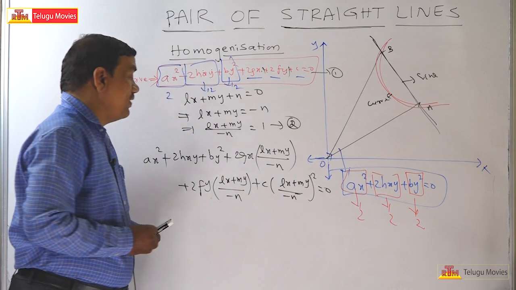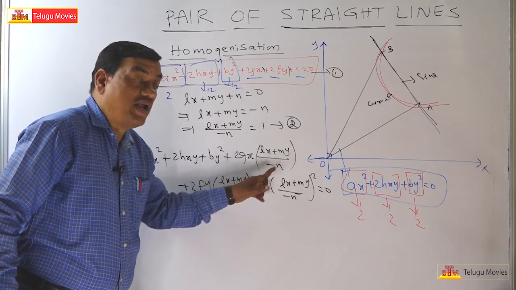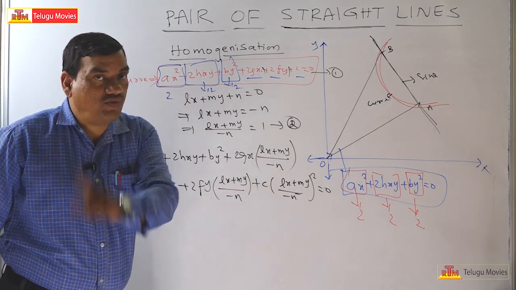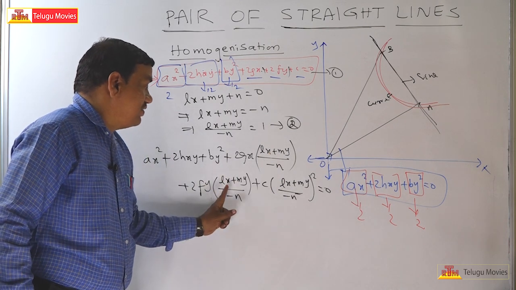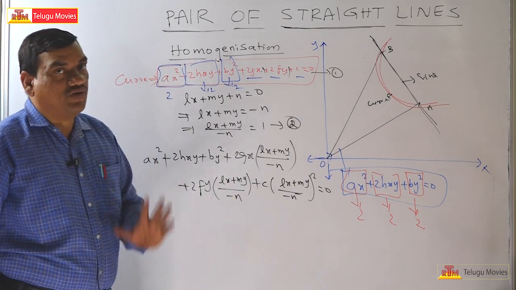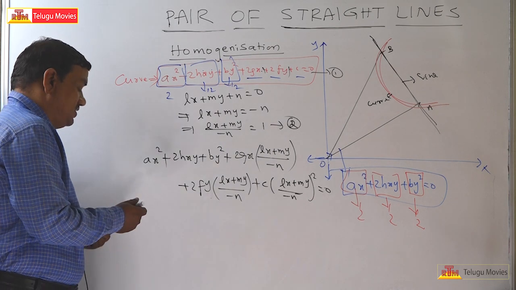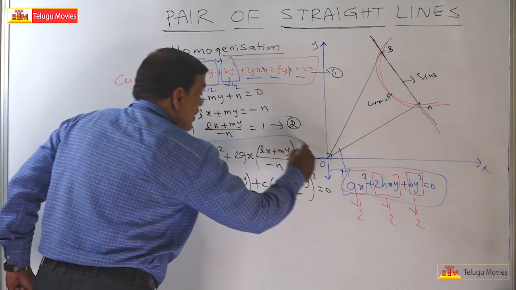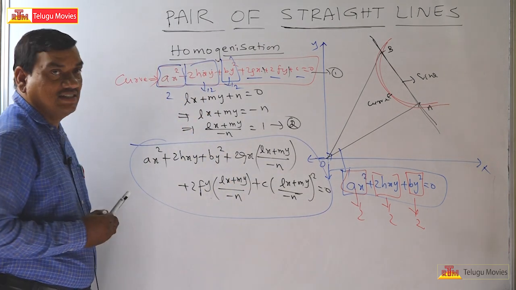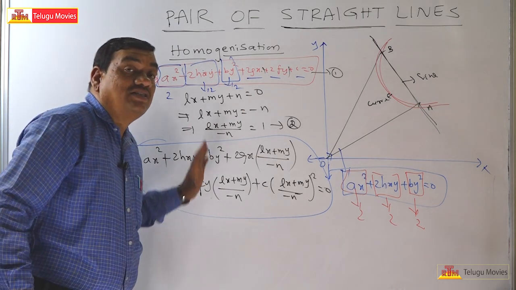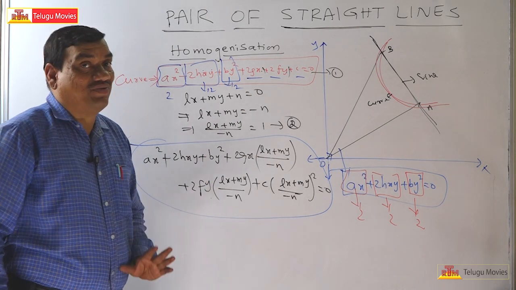Nothing wrong in it. Why? Because Lx plus my upon minus n value is 1. So, this value is 1, this value is 1, this value is also 1, 1 square 1. Now, observe here, what is the degree of this whole expression? Is it homogeneous? Yes, it is a homogeneous second degree equation. Why?